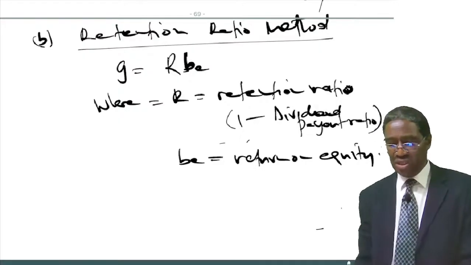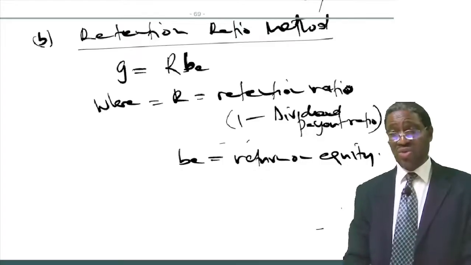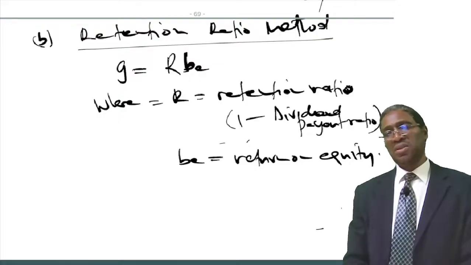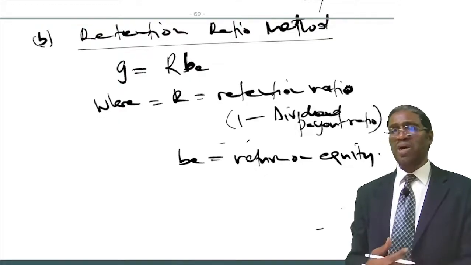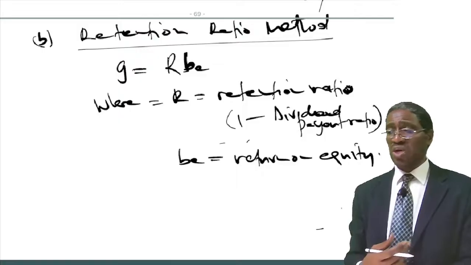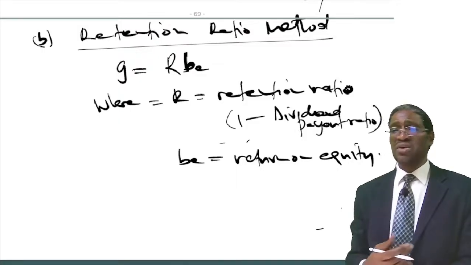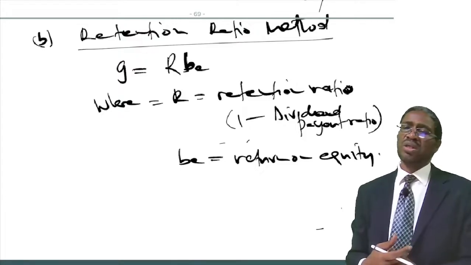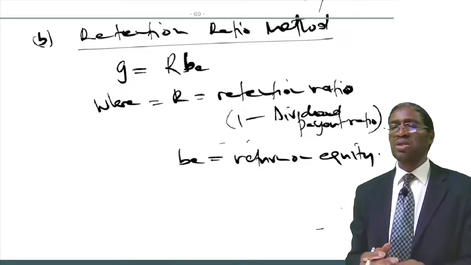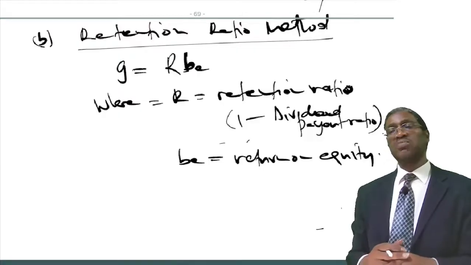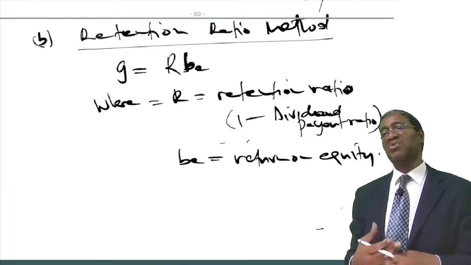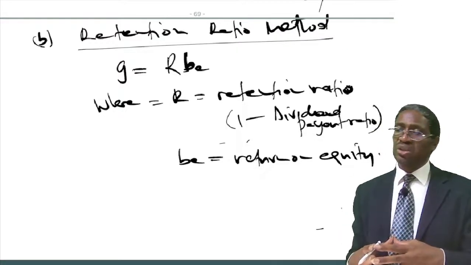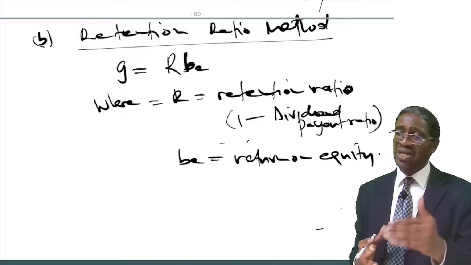And you say G, which is the growth rate, equals to RBE. Then you can quote what the R represents. R is equals to retention ratio, which you can get by taking 1 minus the dividend payout ratio. I've already explained payout ratio, dividend per share divided by earnings per share.